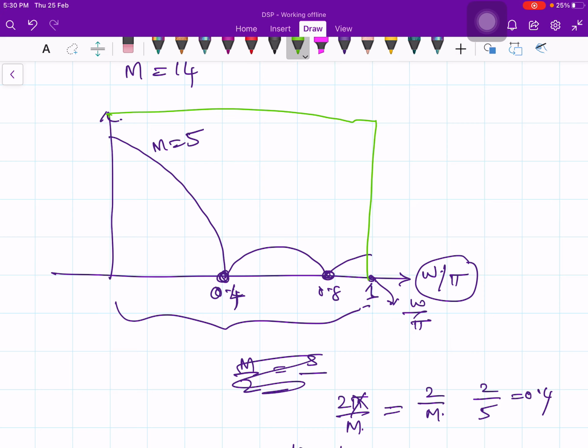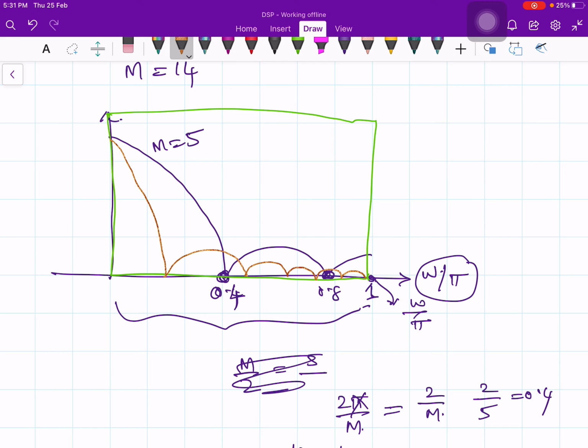Let me put a box like this, so it will be easy to understand. In case you try to plot for m is equal to 14, then this guy comes here, and then there are many transitions. Okay, 1 2 3 4 5, I think there are some 6-7 transitions.